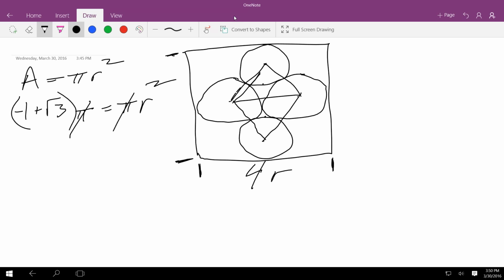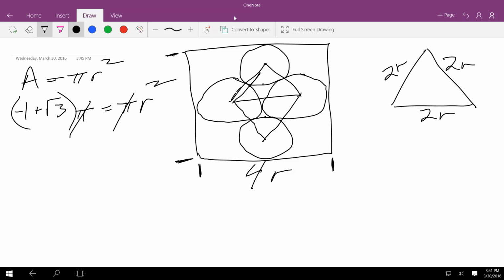Oh, okay. What kind of triangles are those? Let's take the top one only. Wouldn't that be a right triangle? What's the length of this side right here in terms of r? 2r. How about this side? 2r. Now what kind of triangle is it?